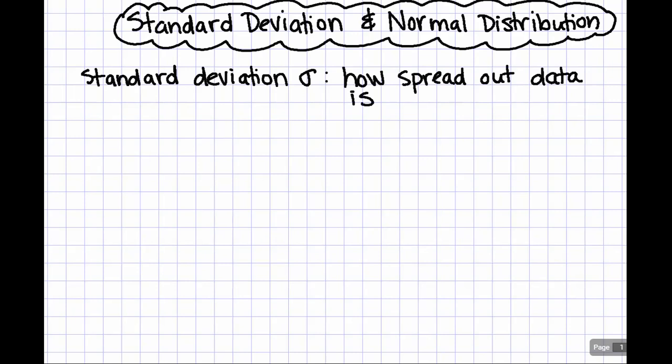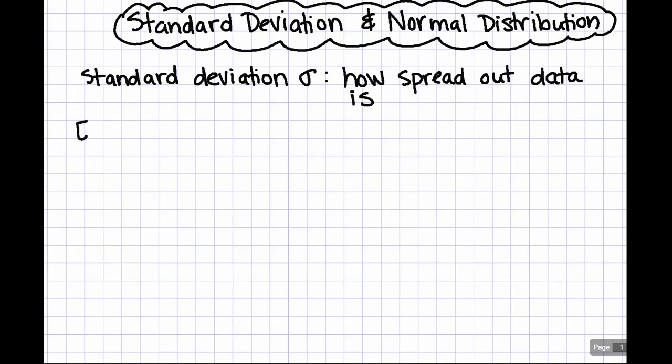So sometimes you can have a mean that is the same as another mean, and you might think that the data is spread out the same, but when you look at it, you'll see that it isn't. So this kind of tells us a little bit more than a mean would.